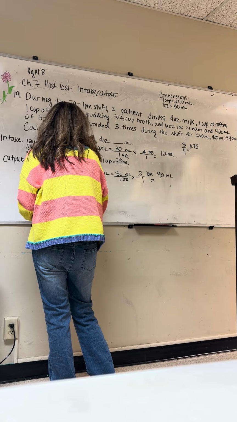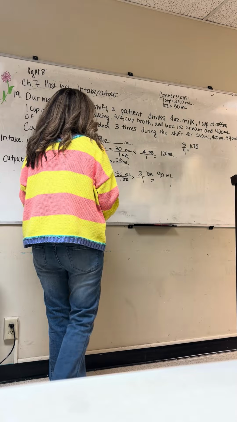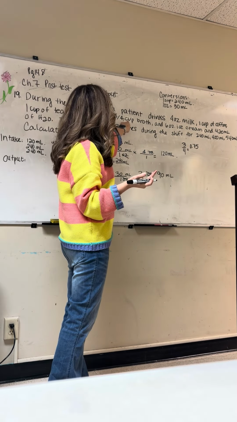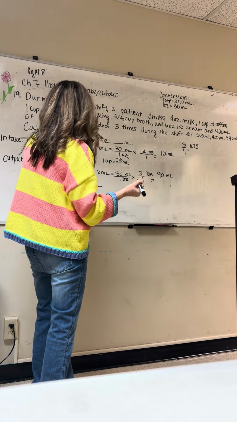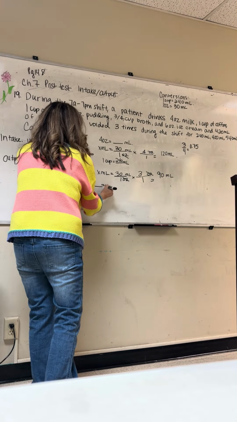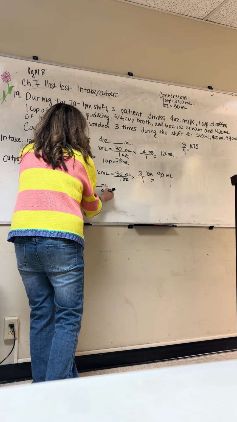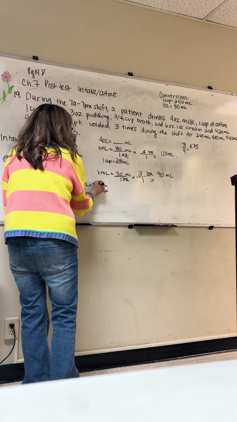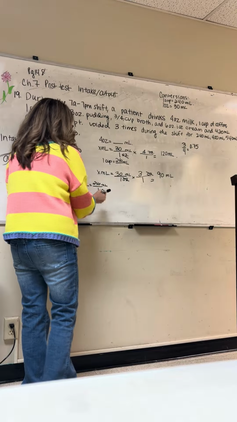So X mL. What do we know from the conversion? We're measuring cup. So we have milliliters up here, cup. All right, so we have 240 milliliters equals 1 cup.